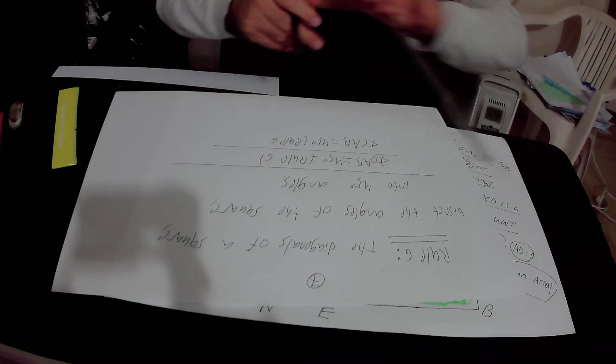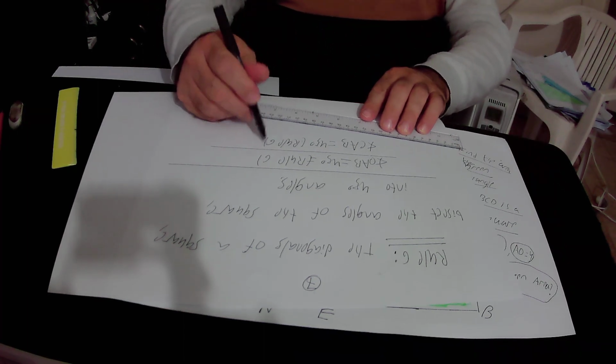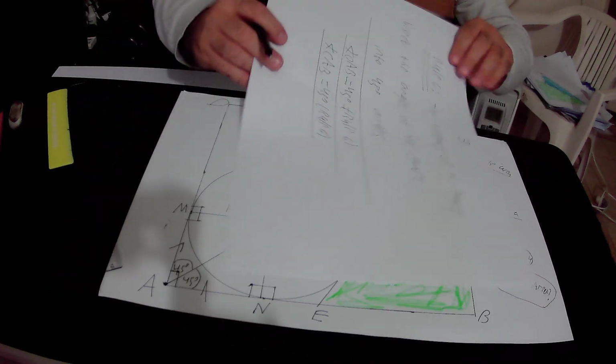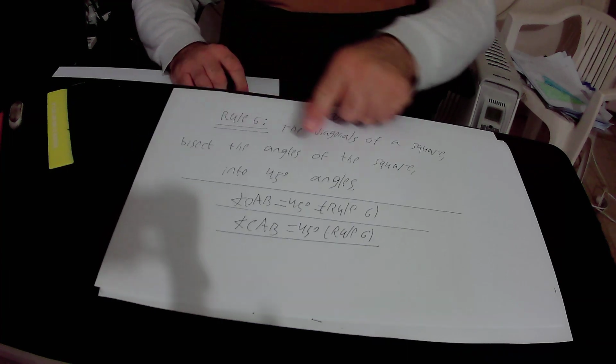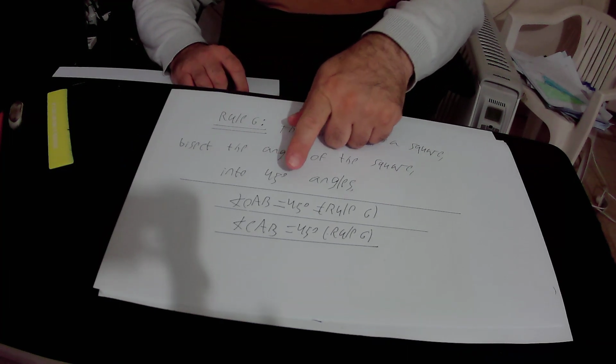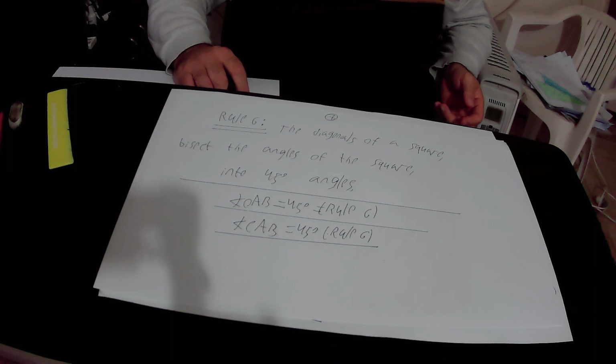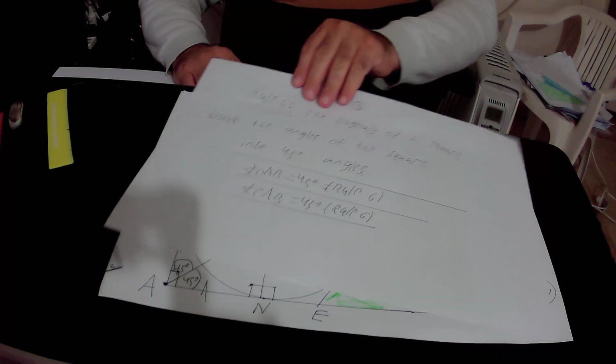So actually we have here two angles, angle OAB and angle CAB. They are both equal to 45 degrees, therefore they are equal to each other. So we can write down that angle OAB equals angle CAB.